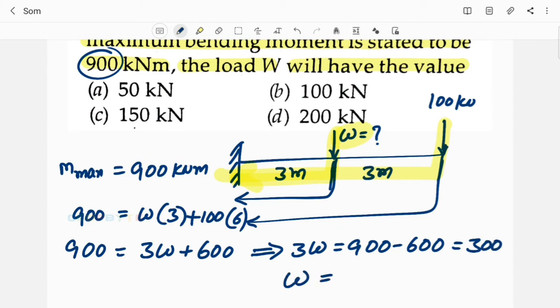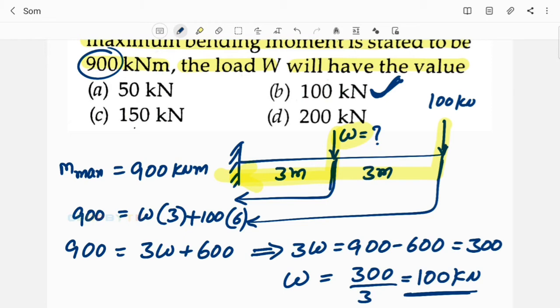Therefore, W equal to 300 divided by 3 is equal to 100 kilonewtons. That is the answer. 100 kilonewton is the load. Therefore, option B is absolutely correct. I hope you clearly understood.